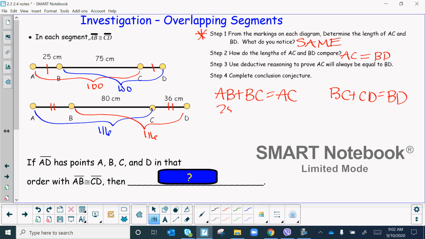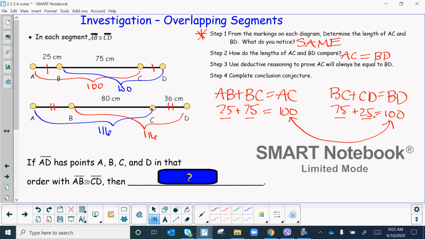AB was 25, BC was 75. What does that equal? 100. Over here, BC was 75, CD was 25. What does that equal? 100. Okay. There's proof right there, guys. When you write out the numbers 25 and 75, that's it. Simple as that. That's the proof you need to show.